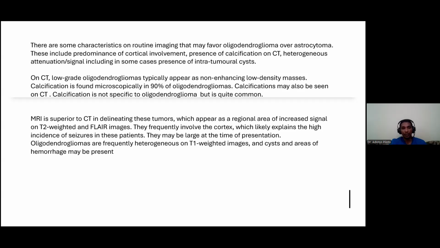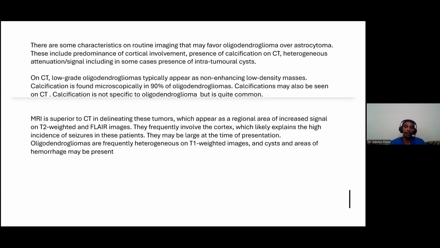MRI is superior to CT scan in delineating this tumor, which appears as a regional area of increased signal on T2 and FLAIR images. They frequently involve the cortex, which likely explains the high incidence of seizures in these patients. They might be large at the time of presentation.